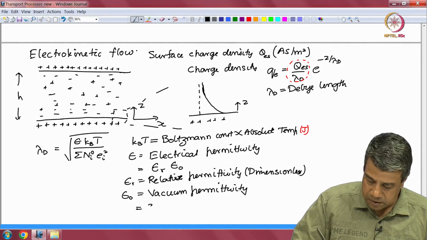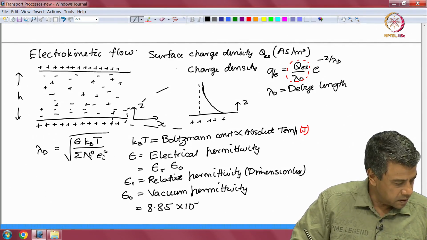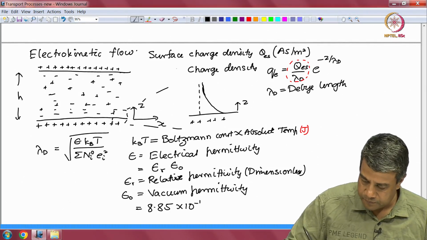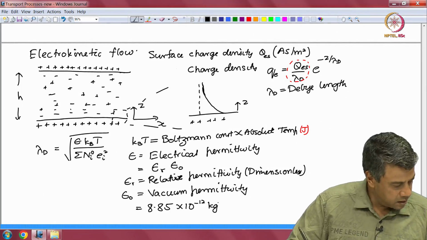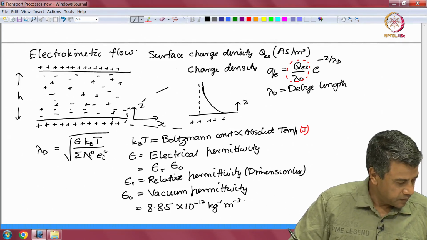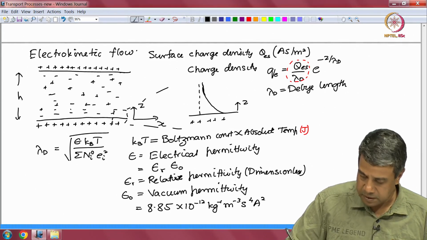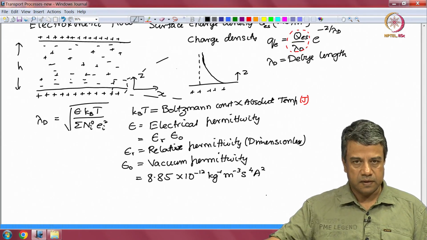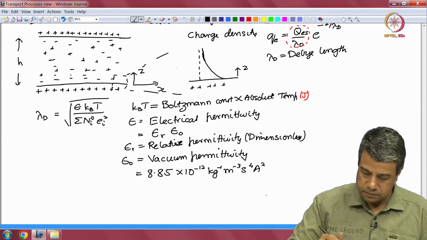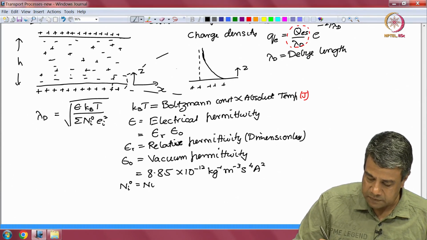This is equal to 8.85 into 10 power minus 12 kg inverse meter power minus 3 second power 4 ampere square. So, that is the value of this vacuum permittivity. Ni is the number density of ions.